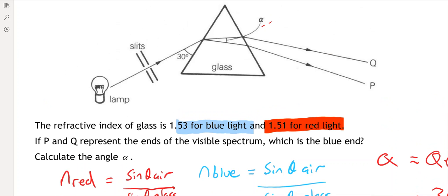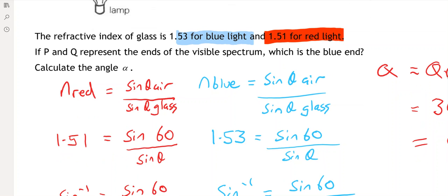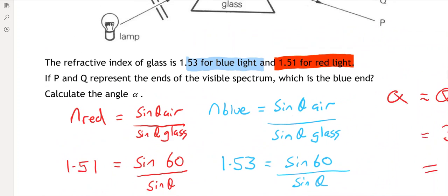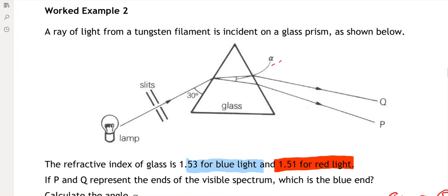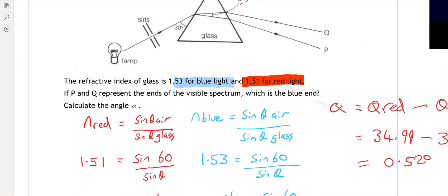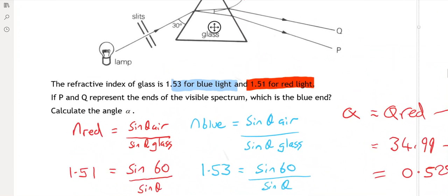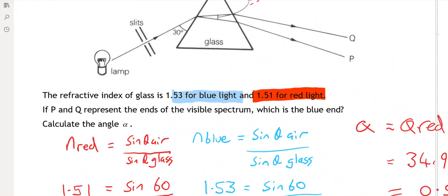And let's just have a look at the red light. So we know that the refractive index of red light is 1.51. 1.51 is equal to sine 60 divided by the sine of the angle. Where does the 60 come from? We have to add a little line onto our diagram.